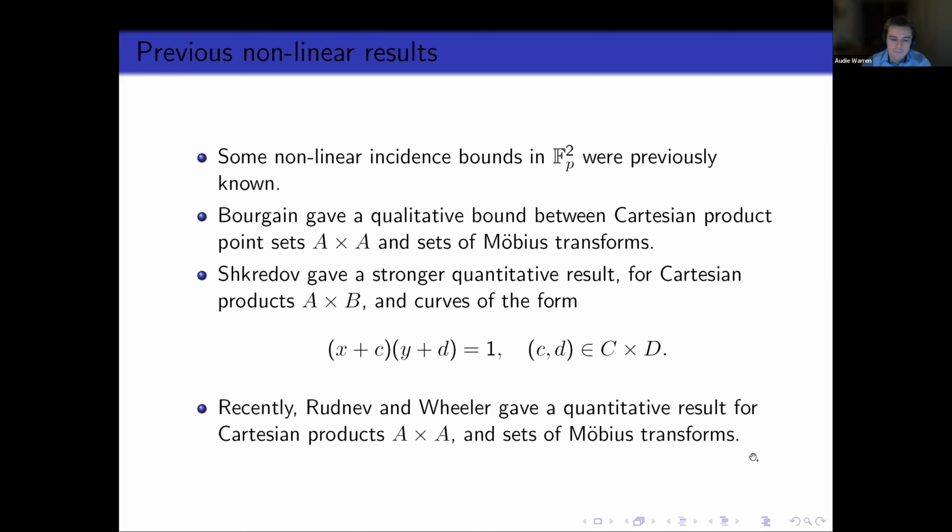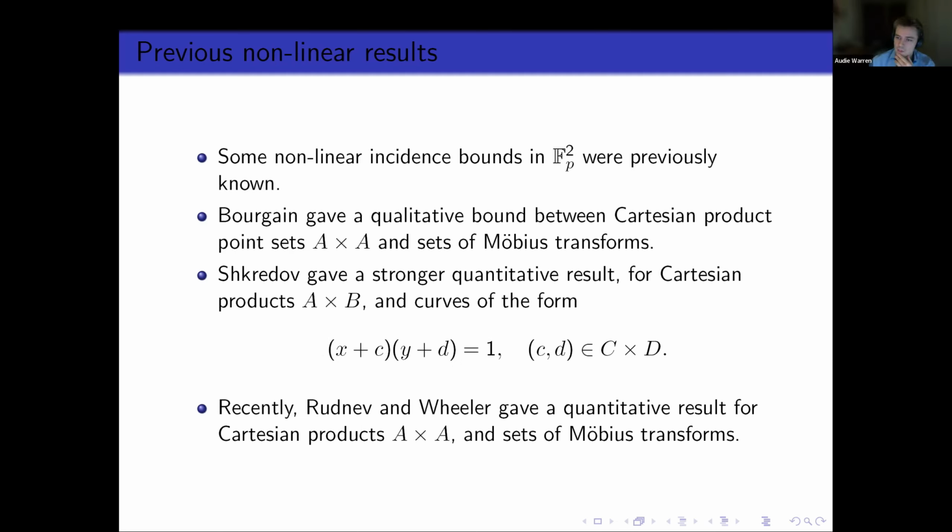Now, something which you might notice from these is all three of these results actually do pertain to Möbius transformations. So the first one and the last one explicitly, but the middle one, this is a sort of smaller set. This is contained within the Möbius transformations, but they're certainly Möbius transformations themselves.